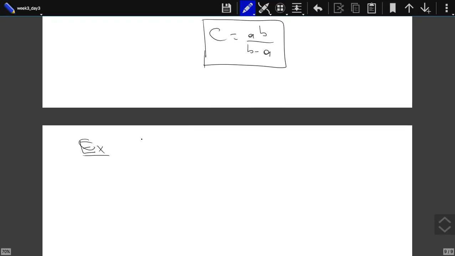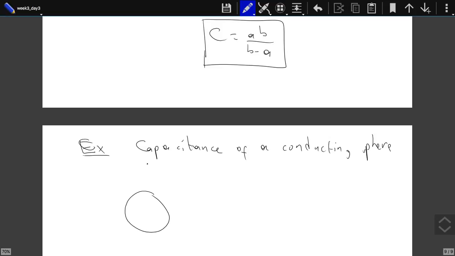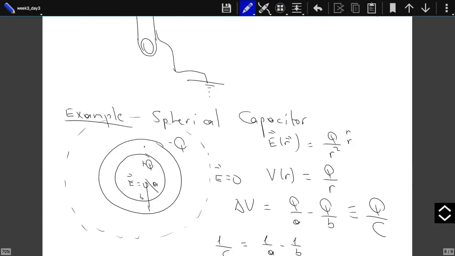Well, we can also talk about the capacitance of a single sphere. Well, this is, in fact, just like the previous example. Let's see.